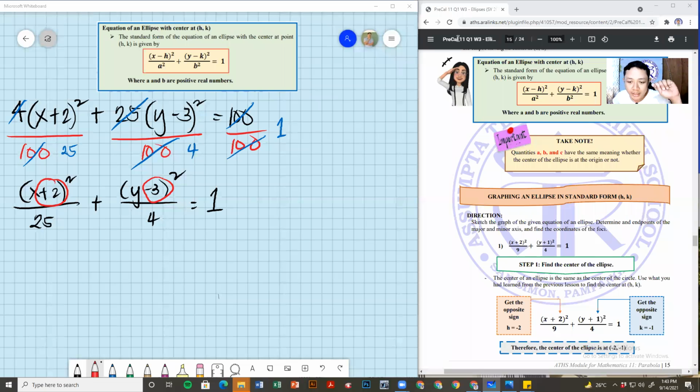The AB will determine the distance from the center of the vertices and the co-vertices, but the center is the one in the middle. Sige nga. What is? Okay, there's a battle of signs in the answers of our classmates. Okay, let's see who is the correct one. So let's identify our center.